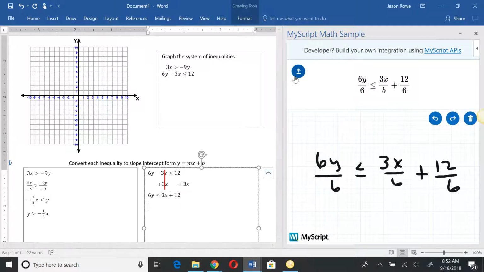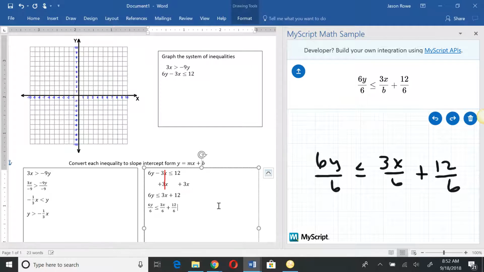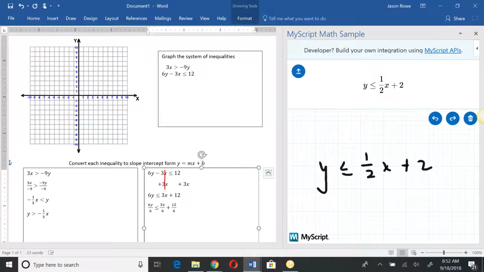So again, we've divided. When we simplify, we have slope-intercept form: y is less than or equal to 1/2 x plus 2. So both inequalities are in slope-intercept form.